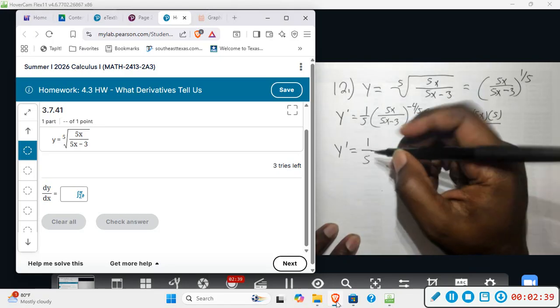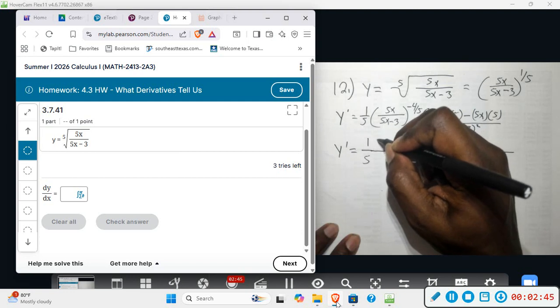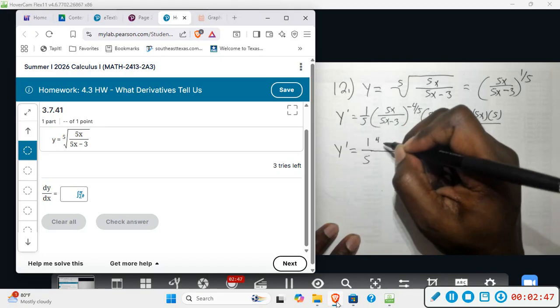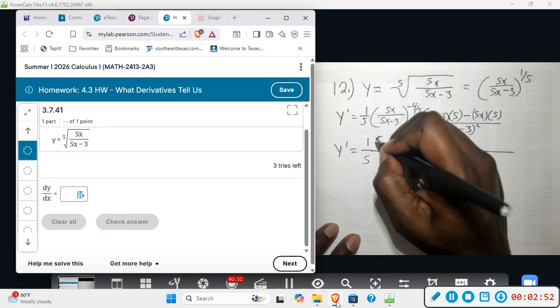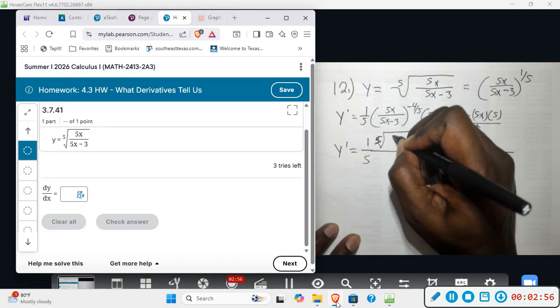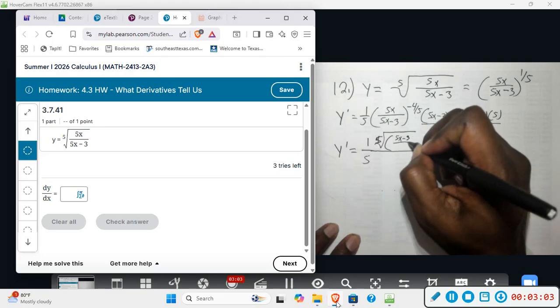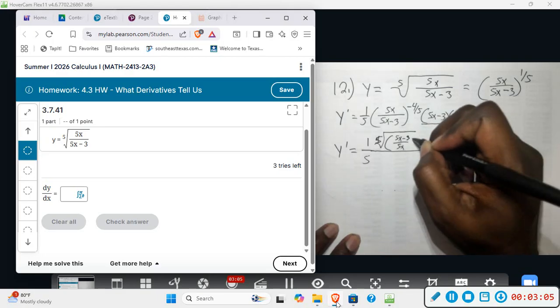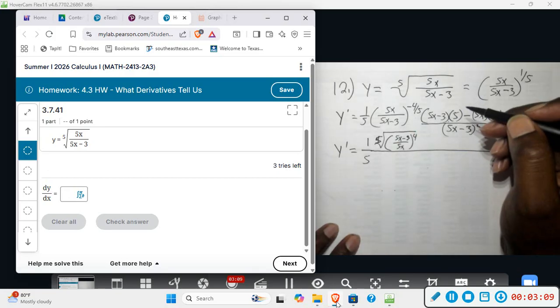So I'll just put it on the top. This will be the power, so 5, the fifth root of, and we're going to invert this because of the negative, 5x minus 3 over 5x. This is all to the 4th power. So that's this part.